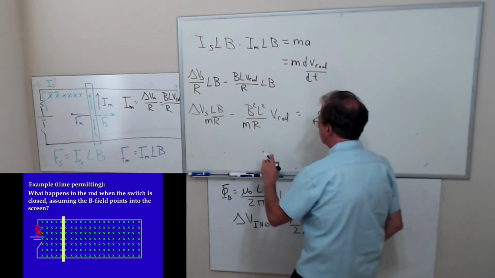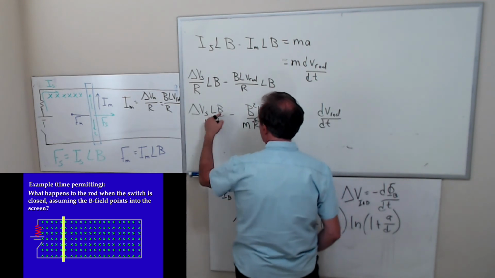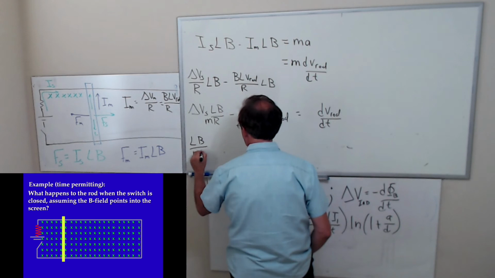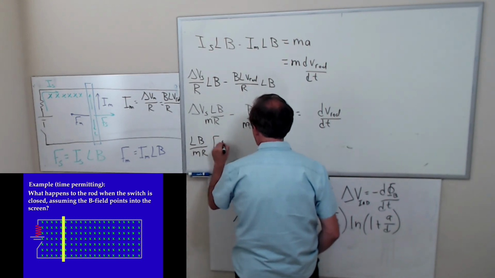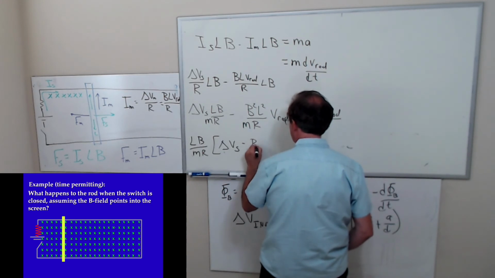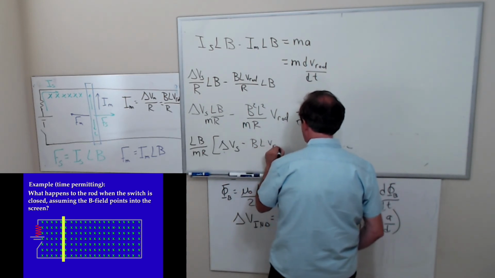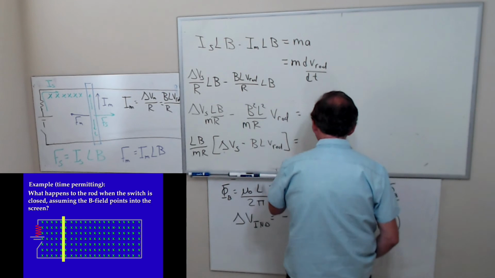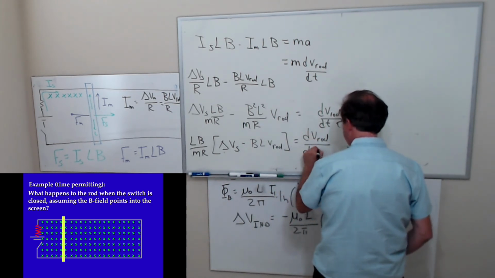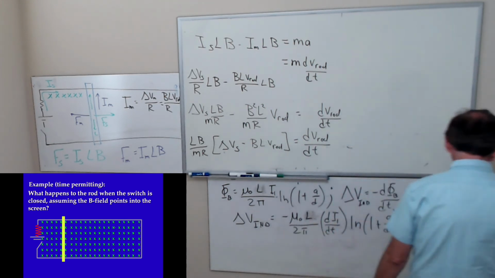Let me clean this up a little bit. Let me factor out this LB over MR. Now where do they go from there?